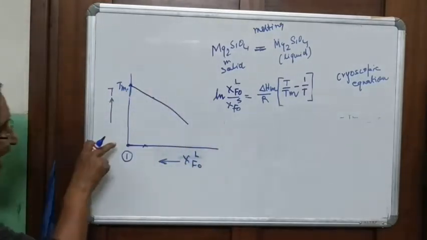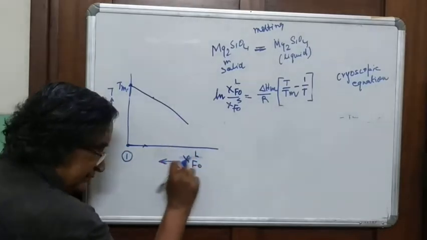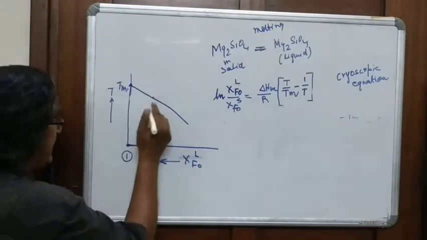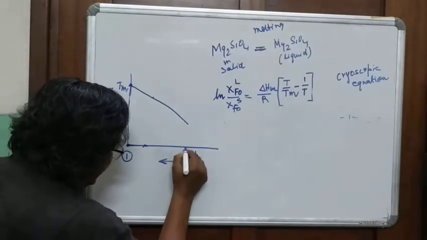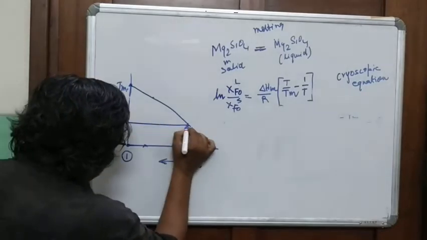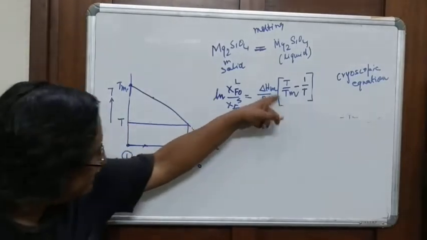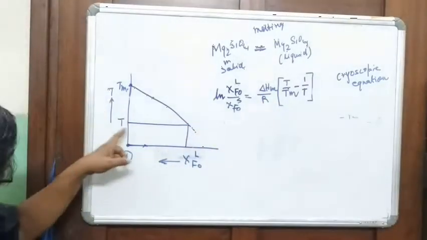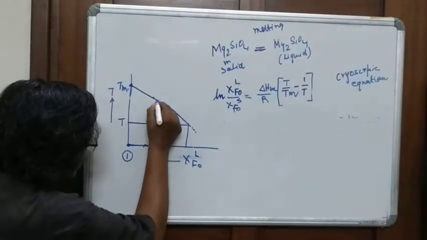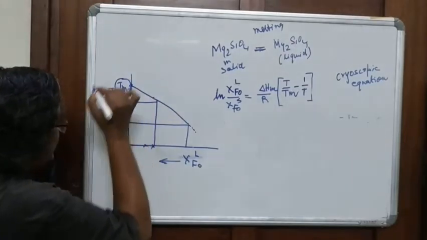This is as you are decreasing X phosphorite, then the melting temperature, say if you have made the X phosphorite till here, then this is your T value. You know we were talking of 1 by Tm and 1 by T. This is the T value that you get. At another point, this is the T value that you get. But the Tm value remains the same.